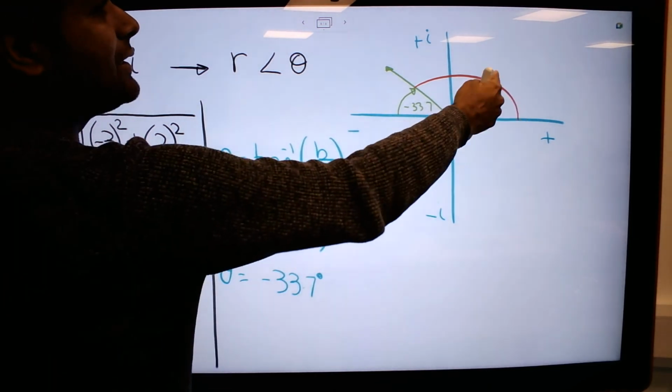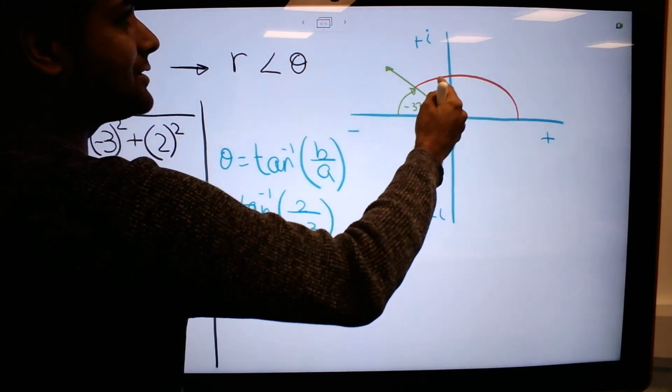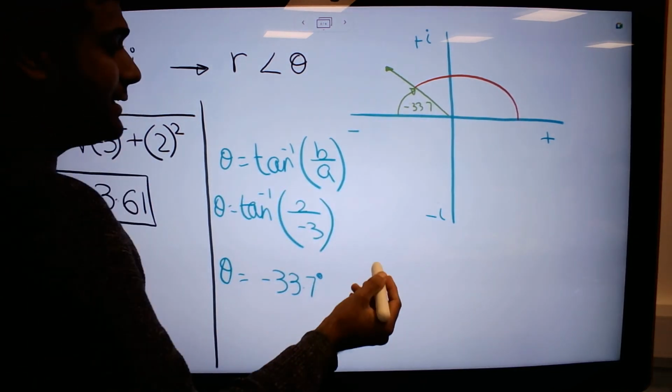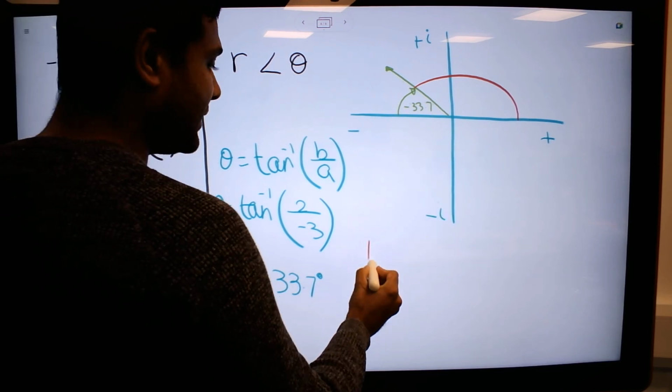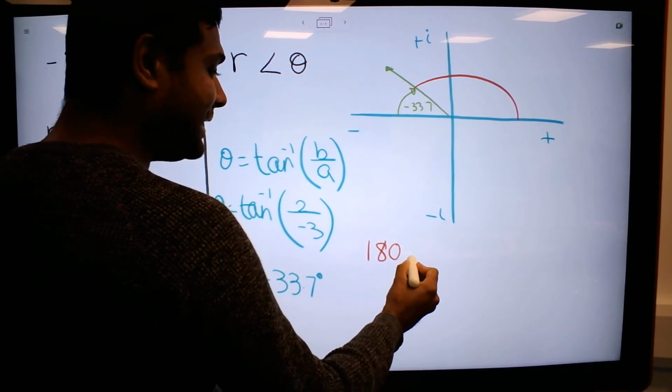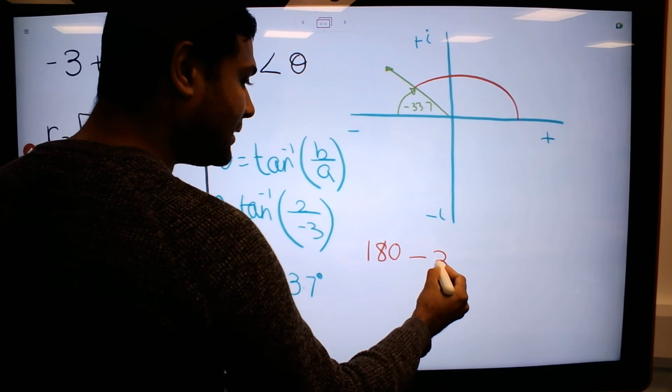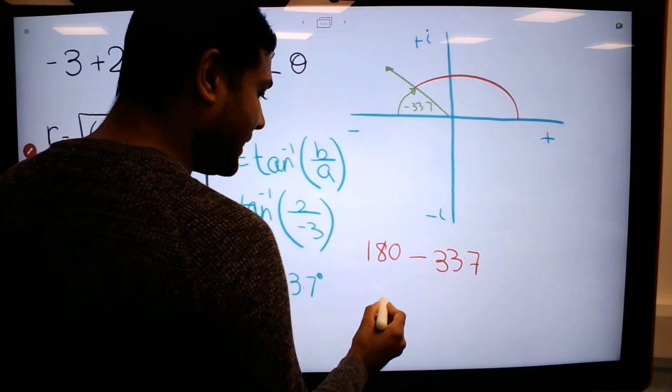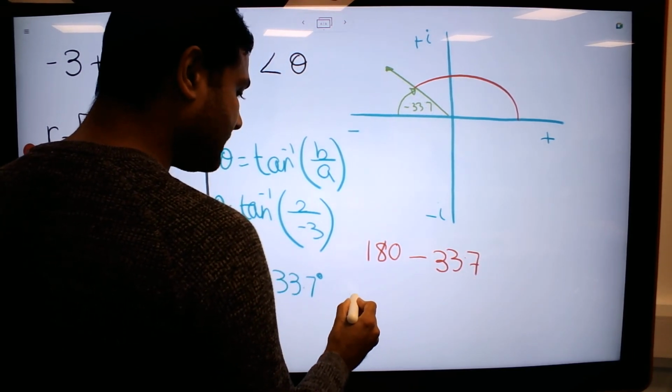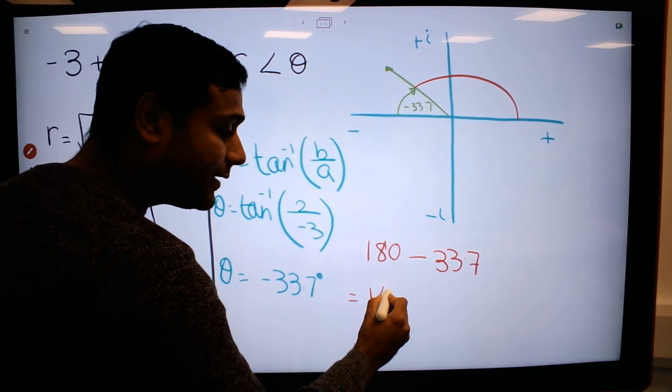So what's the total angle in a straight line? The total angle in a straight line is 180 degrees. So you do 180 minus this. What's the answer? Anyone? 146.3.